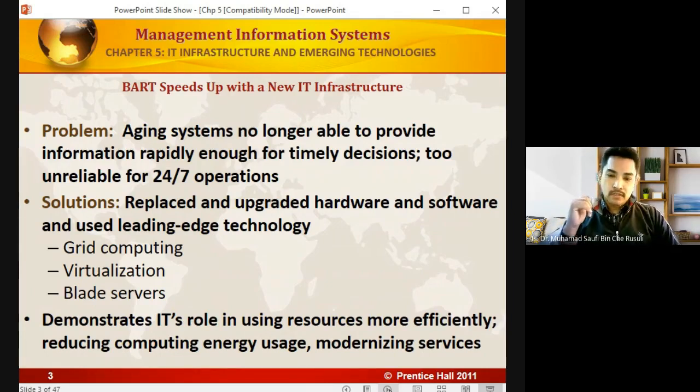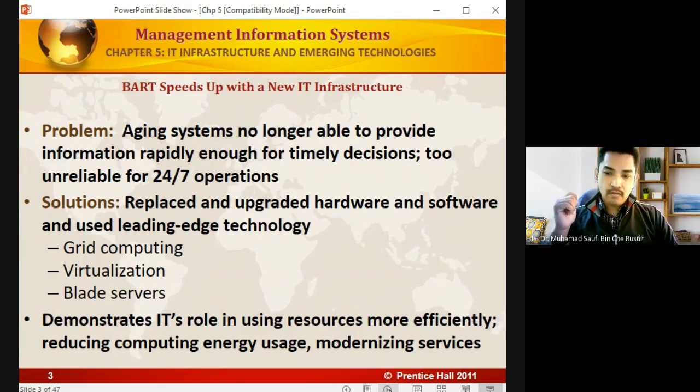So all of this you need to know, because if you apply for an IT officer job, this is all information technology that focuses on the IT officer role.